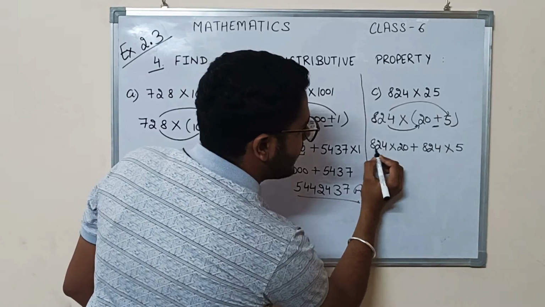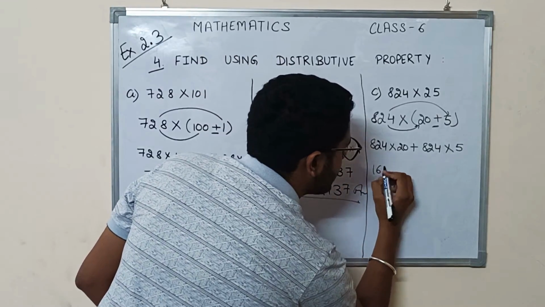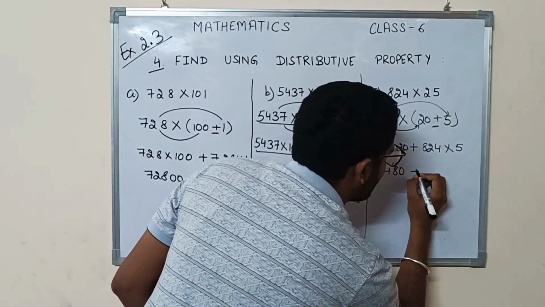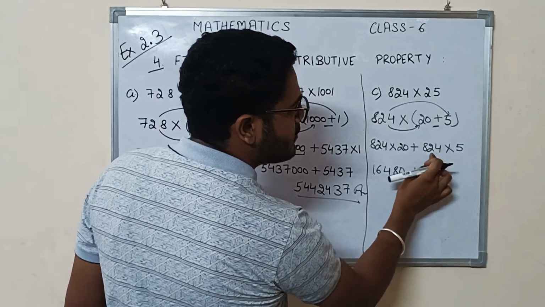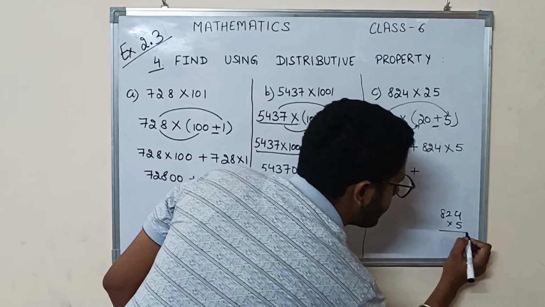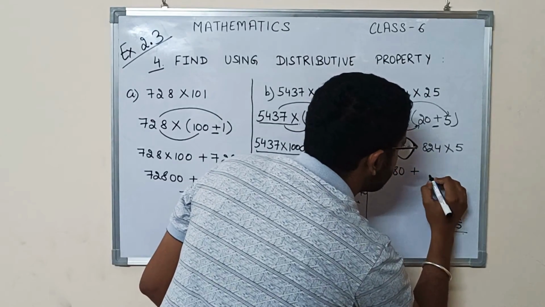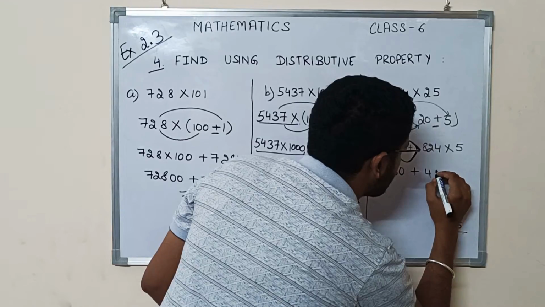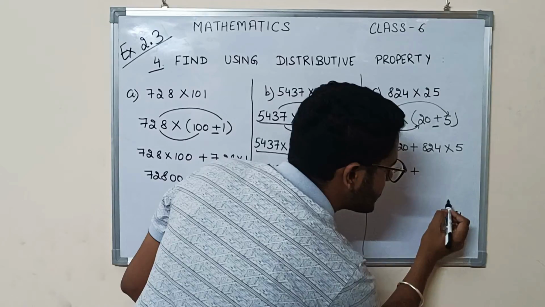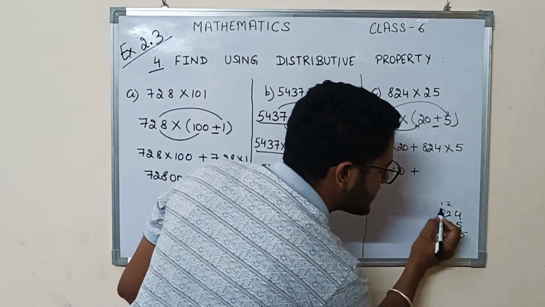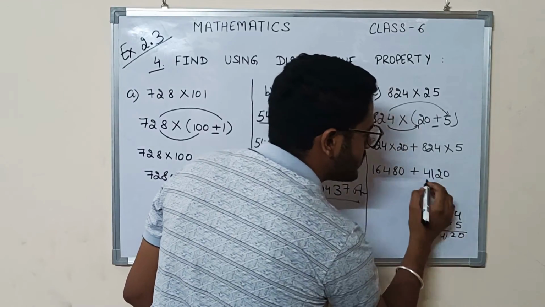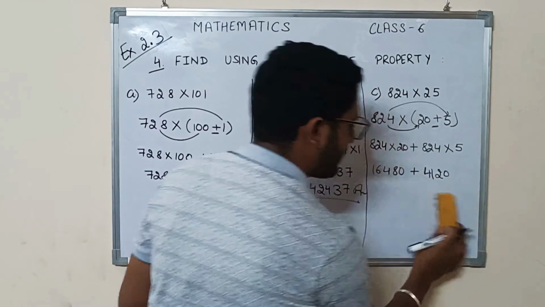When you multiply 824 by 2, it comes out to be 1648, followed by 0. And when you multiply 824 by 5, what will you get? 5 fours are 20, 5 twos are 10 and 2, 12, 5 eights are 40 and 1, 41. So 4120.